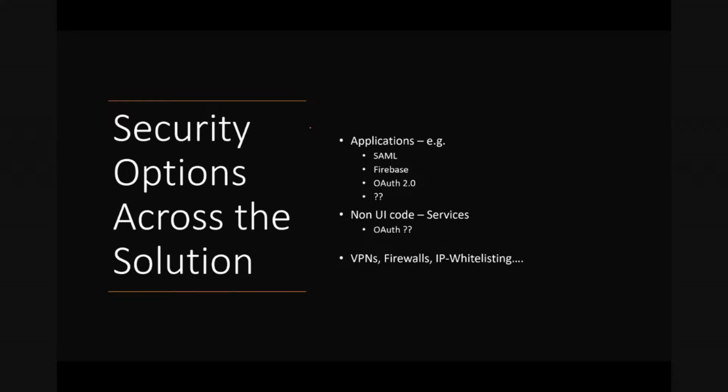So we've got our applications, and typically security across the applications, and I've just got some question marks in there: SAML, Firebase, OAuth you may have heard of, and then question marks as in, what do you use? And if you don't know, then that's a great question to ask, and start to learn and find out.